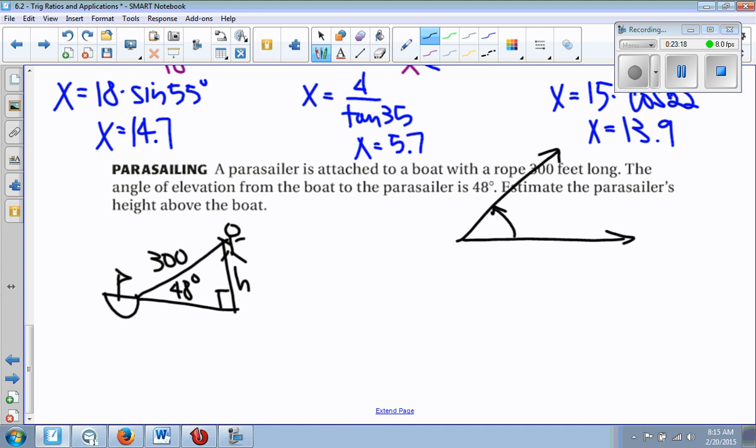So all I'm doing here is using a trig ratio. So in this case, I'd be using sine because the h is the opposite and the 300 is the hypotenuse. So sine of 48 equals h over 300. Just like the problems above, since the variable is in the numerator, we're going to multiply to solve.